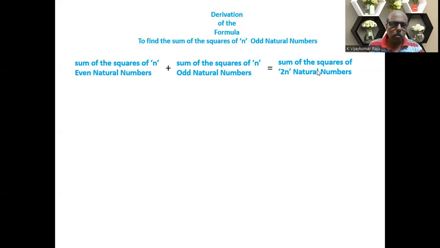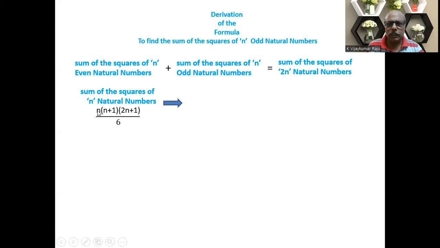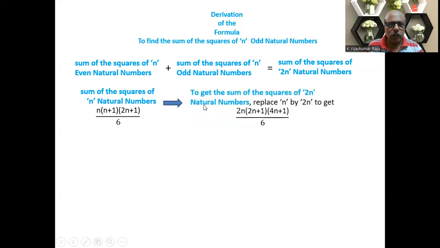So now let us see. The sum of the squares of n natural numbers I just told you is n into n plus 1 into 2n plus 1 upon 6. So if you want to go for 2n numbers, to get the sum of the squares of 2n natural numbers, replace n by 2n.